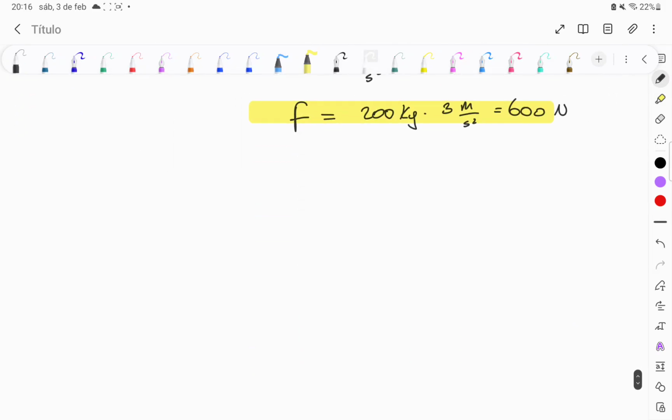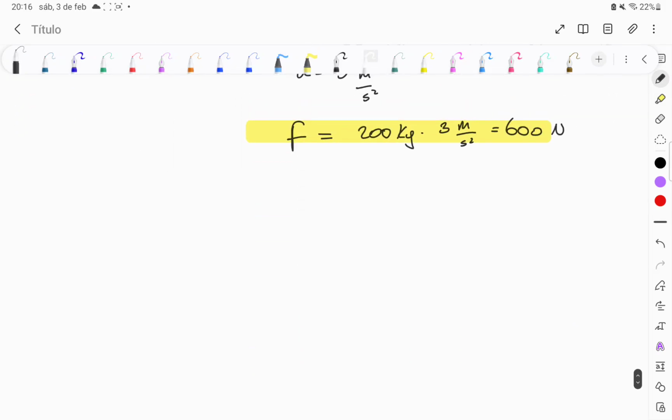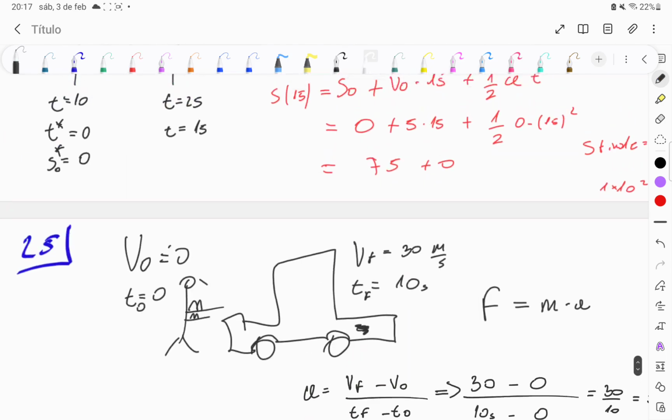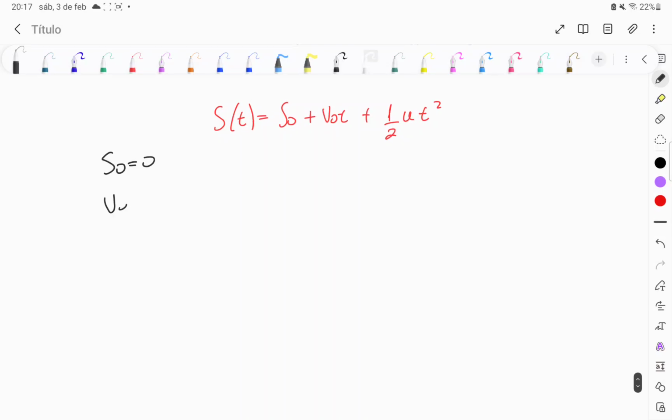So let's try the old trustable formula, that is S as a function of time is equal to S0 plus V0 t plus 1 diviso 2 acceleration times t squared. S0 is equal to 0, we define it like that. V0 is equal to 0 because it starts fermo.